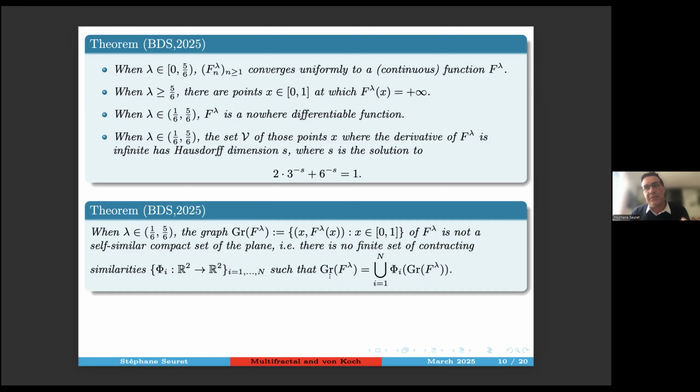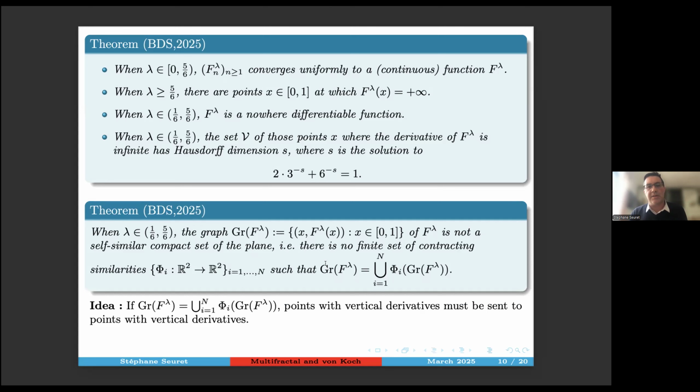And just to give you the idea, it's quite interesting, because since the function is not differentiable, it does not have a derivative anywhere except where somehow it's vertical, right? And so if you have this equality for the graph, points with infinite derivatives must be sent to points where the derivative is also infinite, right?